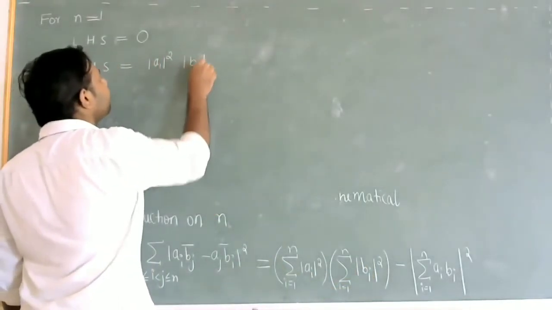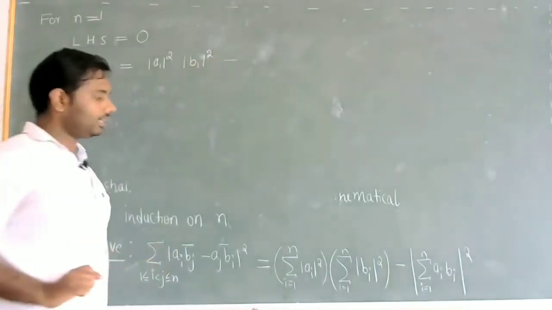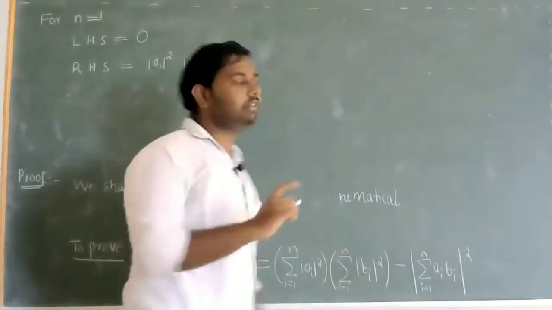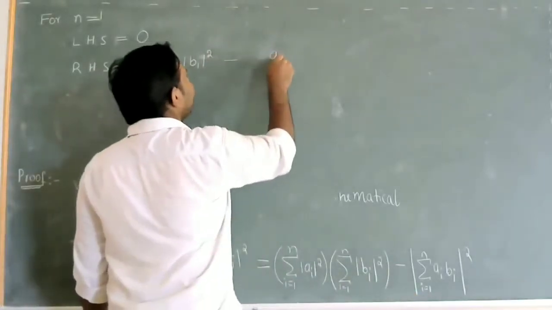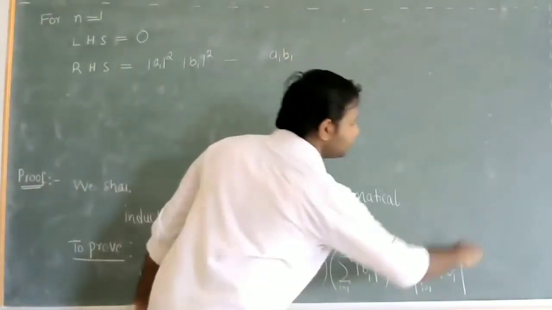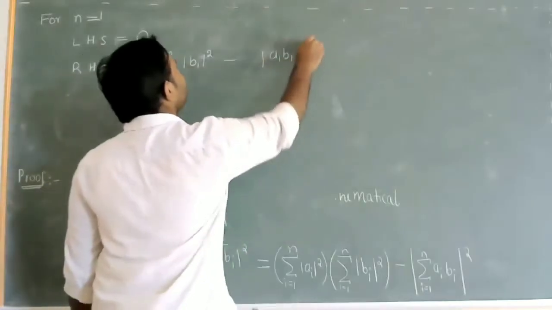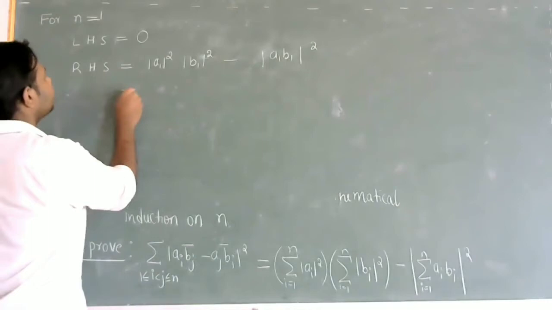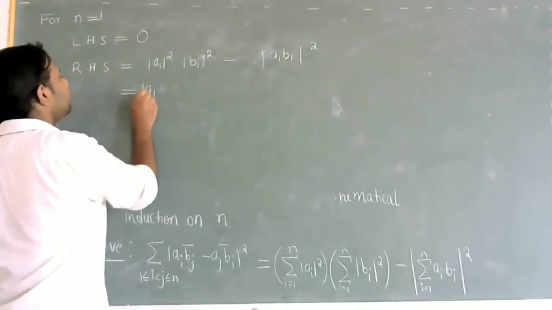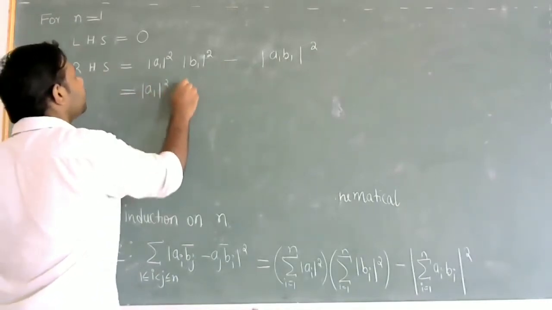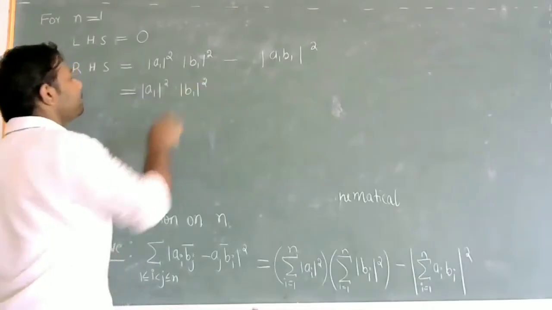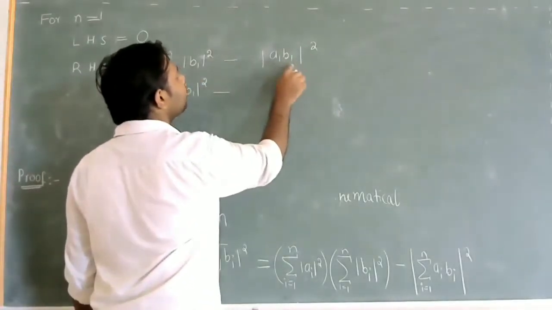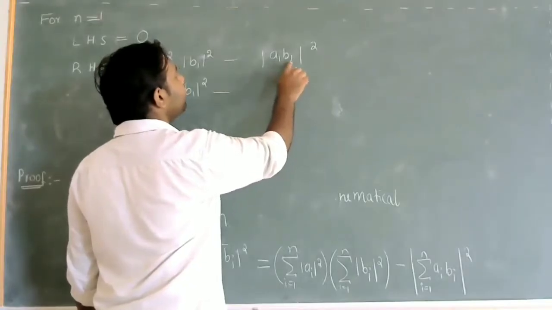Modulus of b1 whole square minus. Here also once again this summation contains only one term, that is a1 b1. So its modulus whole square. So it is modulus of a1 whole square, modulus of b1 whole square minus modulus of a1 b1 whole square.